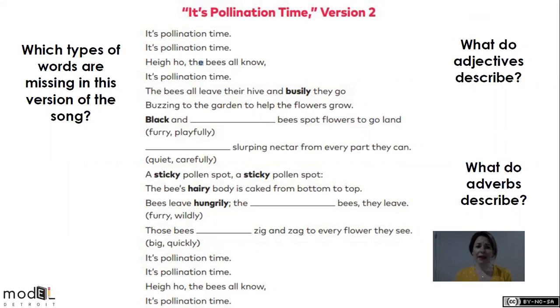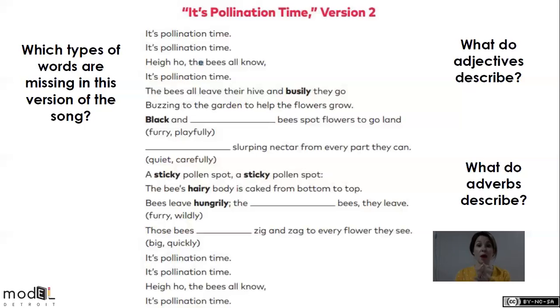Well, black and furry or black and playfully? Which word do you think would go into that box? Because remember, friends, an adjective describes a noun, and an adverb describes a verb, a doing. So let's read this poem together.